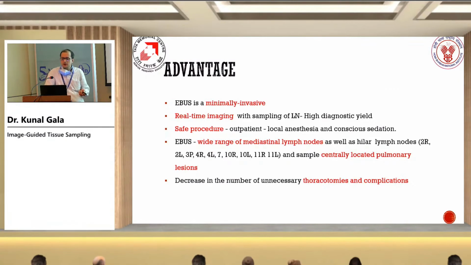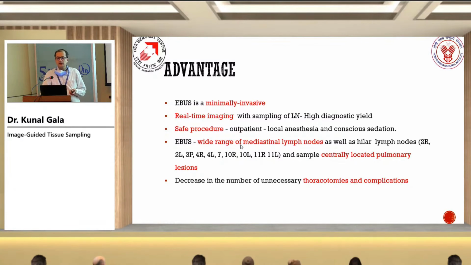And what's the advantage? It is a minimally invasive technique. It is real time as we are doing it under ultrasound guidance, and it has a high diagnostic yield. It is a safe procedure. It can be done under local anesthesia with mild conscious sedation.